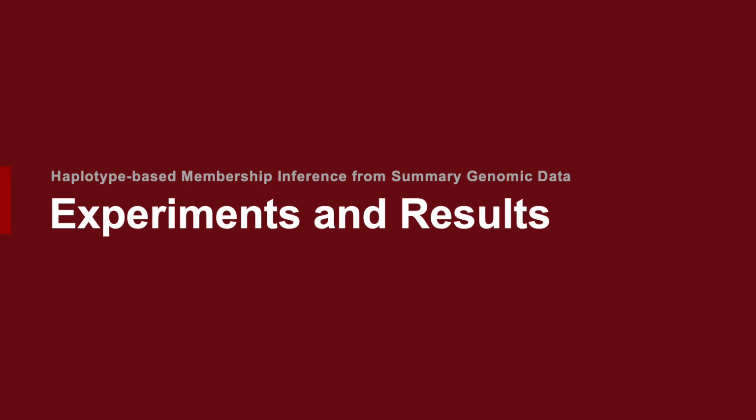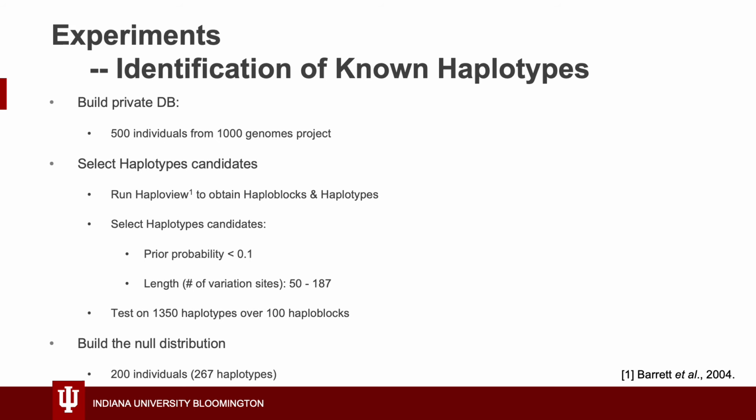Here I'll talk about the experiments and results to illustrate the performance of our methods. For the identification of known haplotypes, we first built the private database by selecting 500 individuals from the 1,000 Genomes project, and then we ran Haploview to obtain the target rare haplotypes with a prior probability smaller than 0.1 and the number of variation sites from 50 to 187.